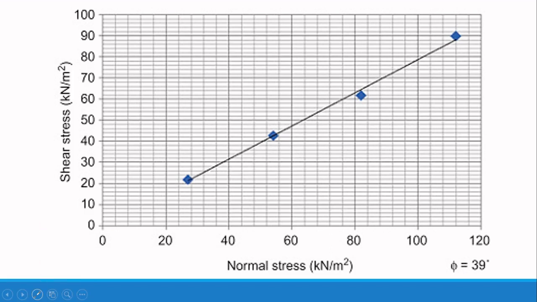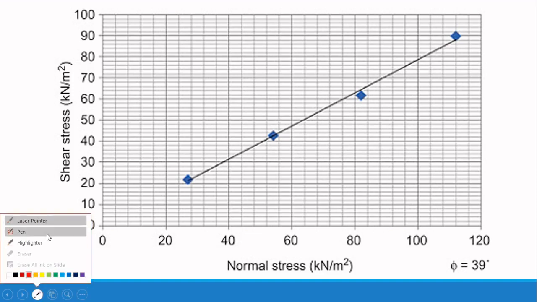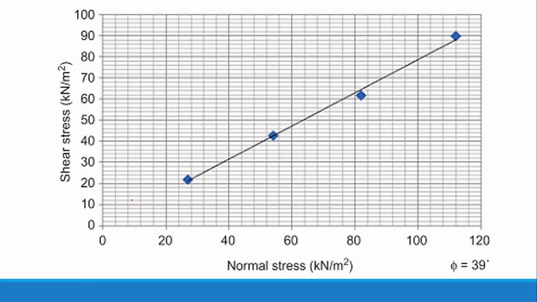Now our aim, if you remember, was to find the shear strength parameters. That was, we need to calculate C and phi. So if I measure the slope of this line, the slope of this line will actually give me phi, or the angle of internal friction. So one of the shear strength parameters is determined. Now what about C?